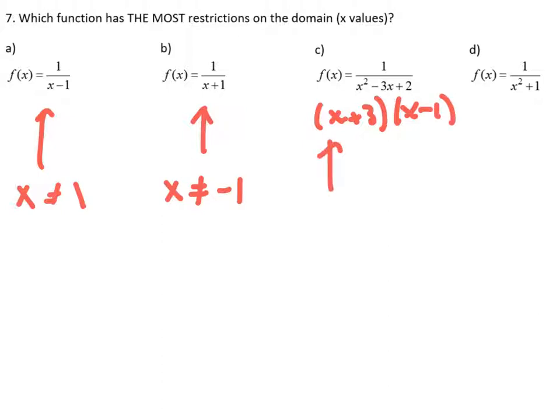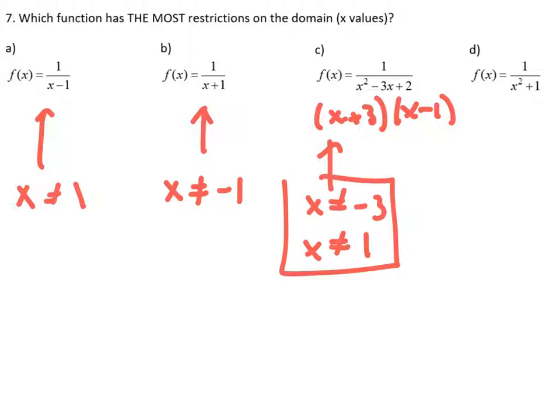And so x cannot equal negative 3, and x can also not equal 1. It has two restrictions. This one here actually has no restrictions because it will always be positive no matter what. So C is the answer because it has two restrictions, the most restrictions. And that's because you can never divide by 0.